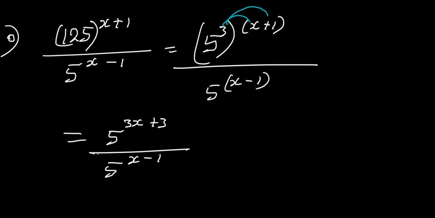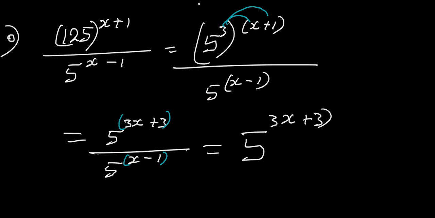So now we are going to subtract, because this is division, the exponent of the denominator from the exponent of the numerator. So we are going to write this as a single base of 5, and then 3x plus 3, you can put it in parentheses, minus x minus 1.